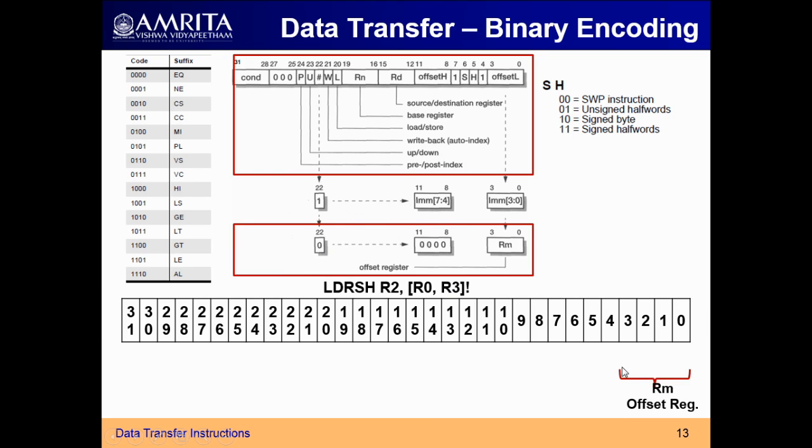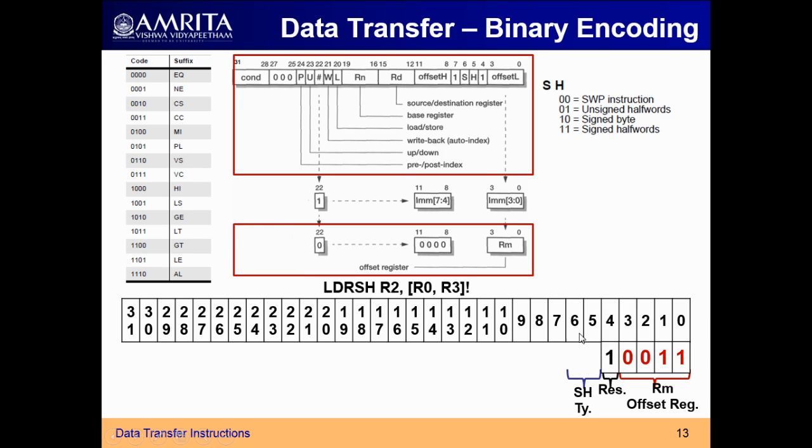So what will be bits 0 to 3? Bits 0 to 3 are used for representing the offset register. Since my offset register is R3, it should be encoded as 0011. So these 4 bits are used for representing the offset register. Next, bit number 4 will again be reserved, it will be 1 as seen before.